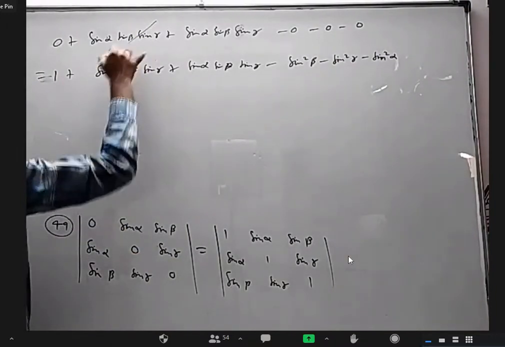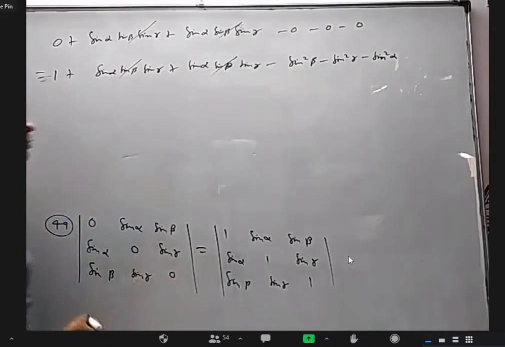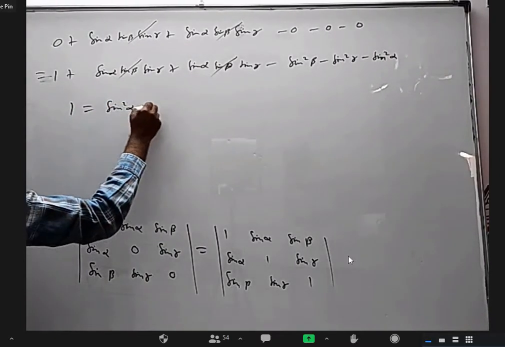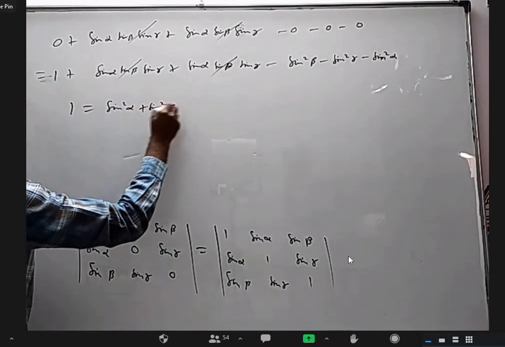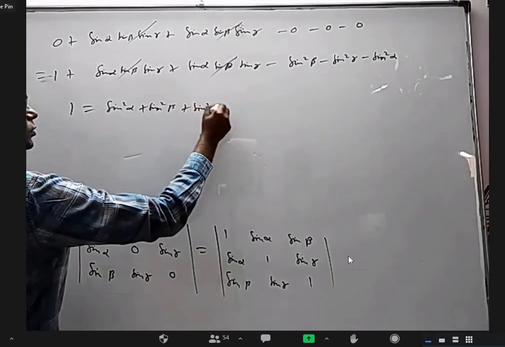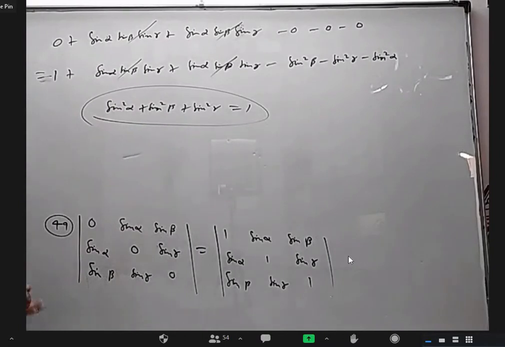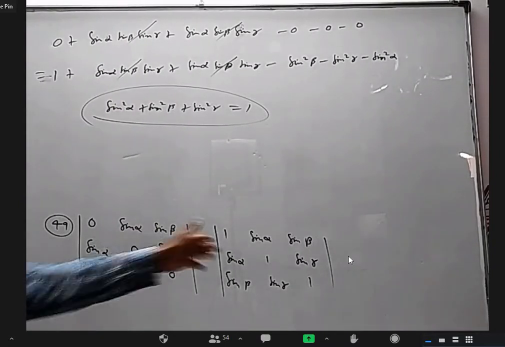I can cancel these two. That's it. We got 1 is equal to sine square alpha plus sine square beta plus sine square gamma equal to 1. That's the answer. So nothing much. They may look like big determinants.